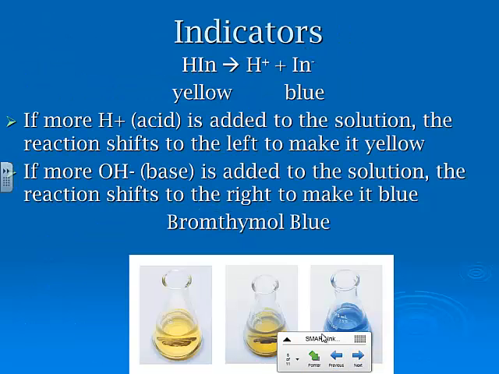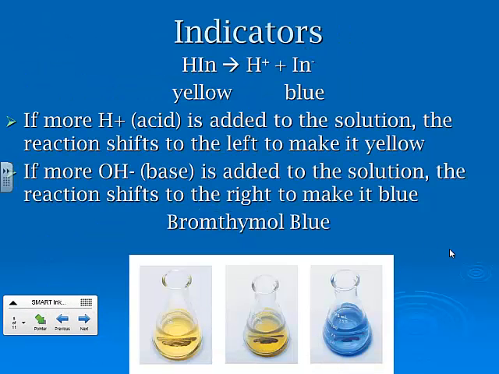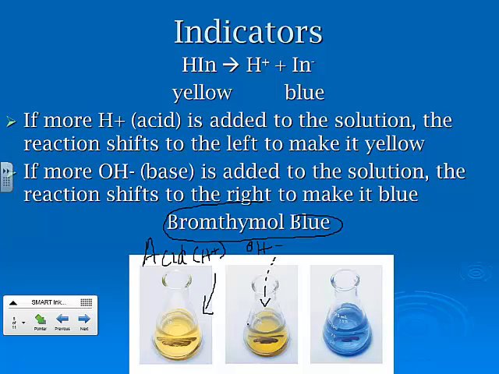For indicators, this one down here shows you an example of what's called bromothymol blue indicator. Over here you have your acidic solution and it's yellow. You've got extra hydrogen ion floating around, and the hydrogen ion has this nice yellow color. As you add more hydroxide, some of it reacts with the acid to neutralize the hydrogen ion to make water.